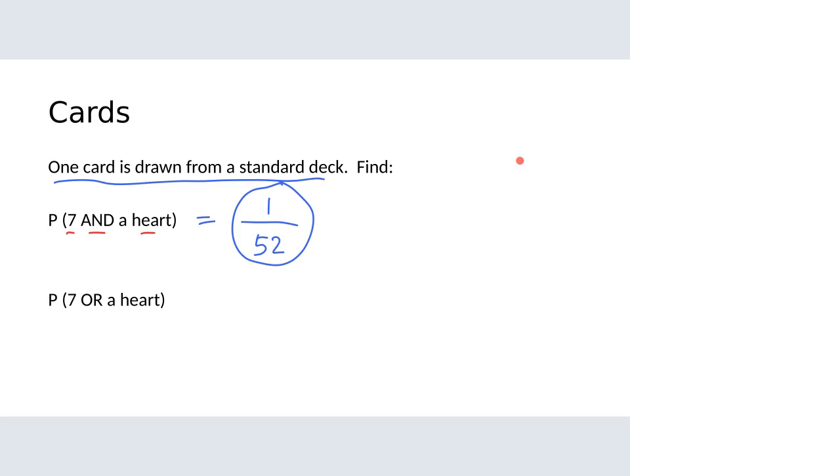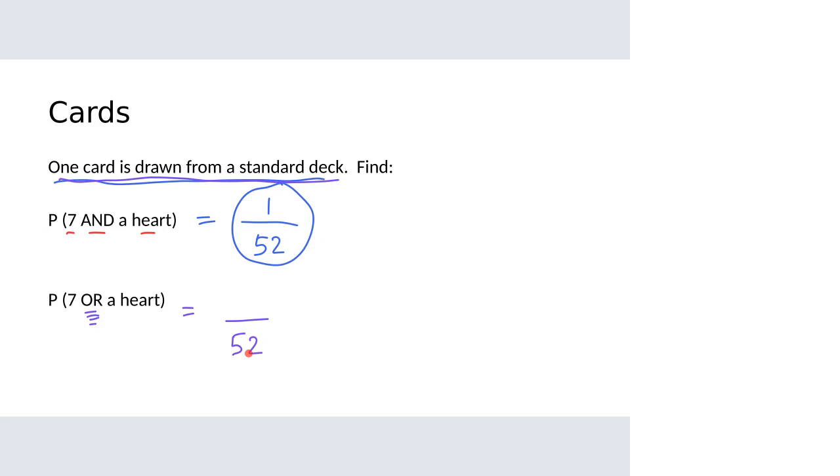Down below, we're looking at almost the exact same question. The probability is the same, the 7 is the same, the heart is the same. The only thing that's changed is that instead of a 7 and a heart, now I want the probability of getting a 7 or a heart. I'm still picking one card from the deck, so there's still just 52 outcomes.